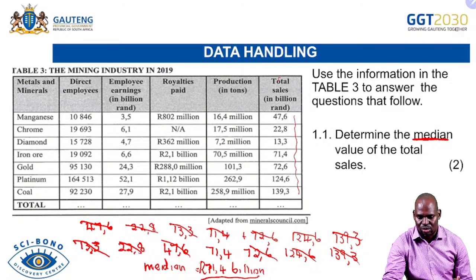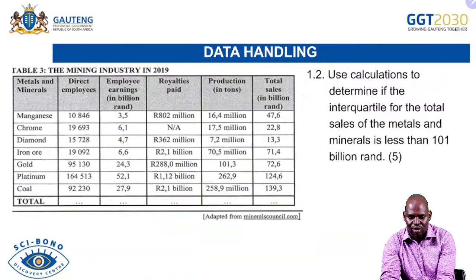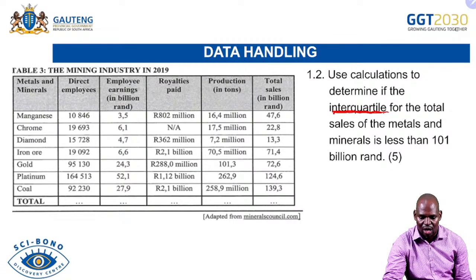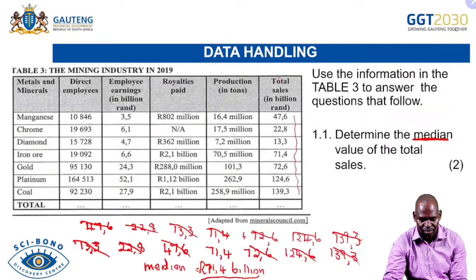So use calculations to determine if the interquartile range for the total sales. Now we have to look at the total sales. If you look at the previous question, we had already arranged, but it's fine, we can arrange them again for this question.